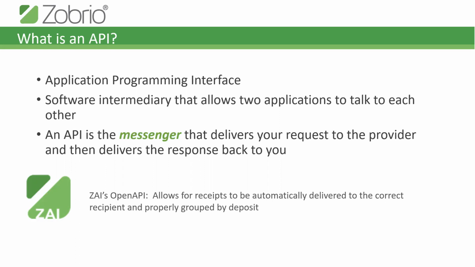And then we'll switch right into the software and show you how, with your Zobrio product, you can utilize APIs, and how, in the instance of perhaps bringing revenue into your organization, an API can help create efficiencies. So let's start off by asking, what is an API?